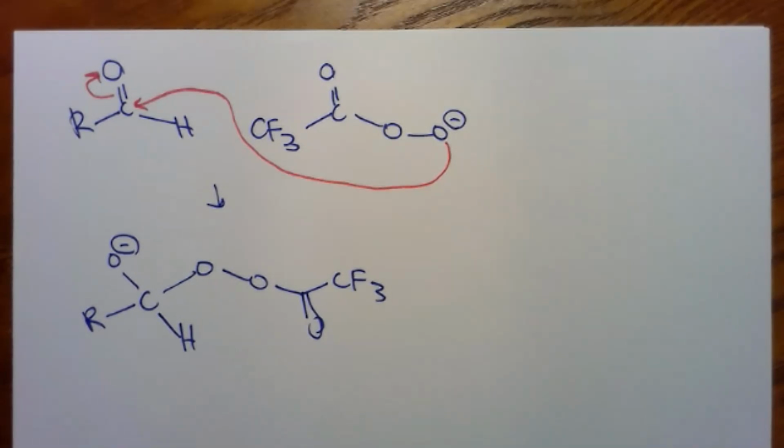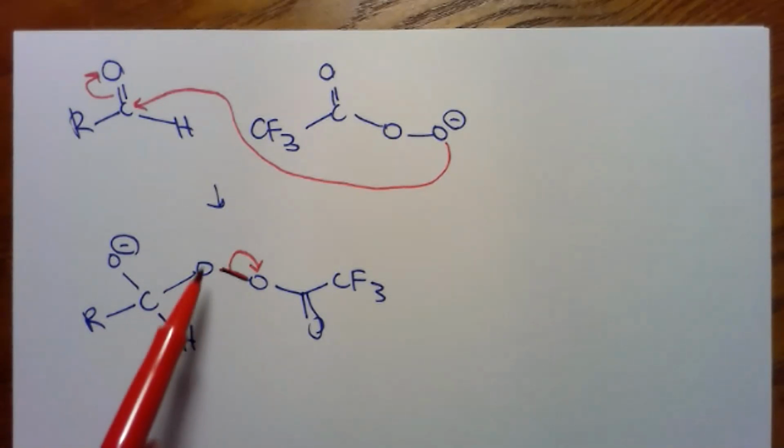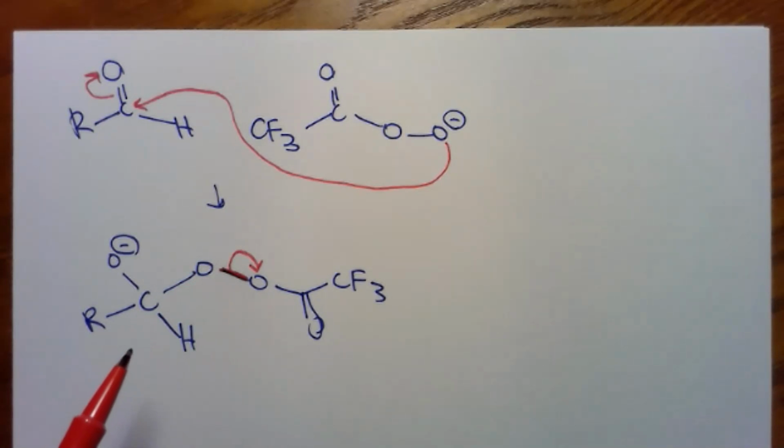Then we get this. This is not a stable molecule because this OO peroxide bond is explosive, not great. So let's break that OO bond. If we just broke it like that, that would leave this oxygen without an octet. That's not good.